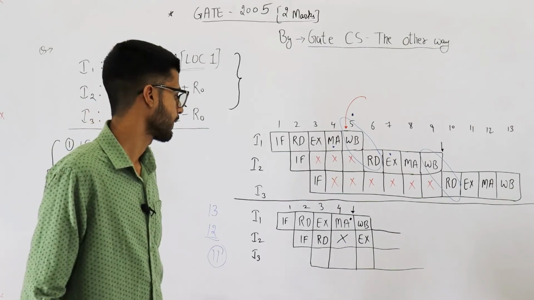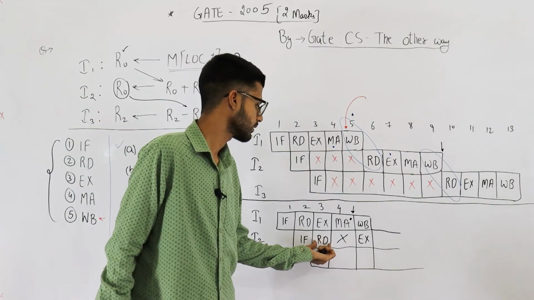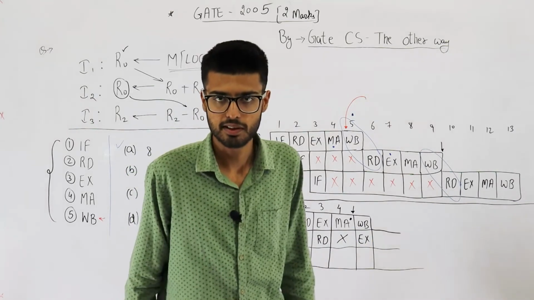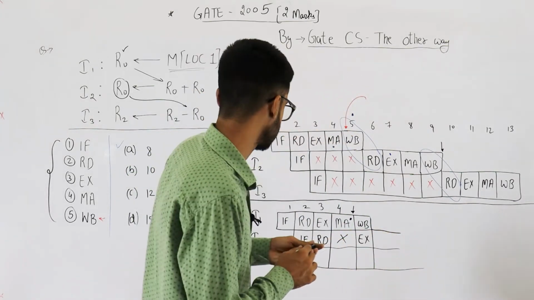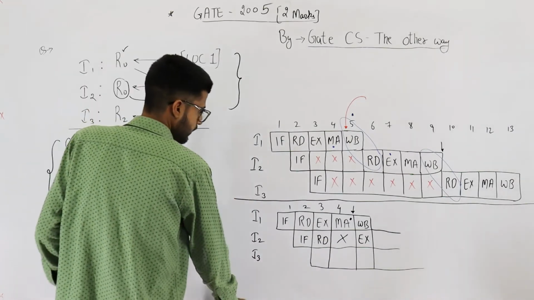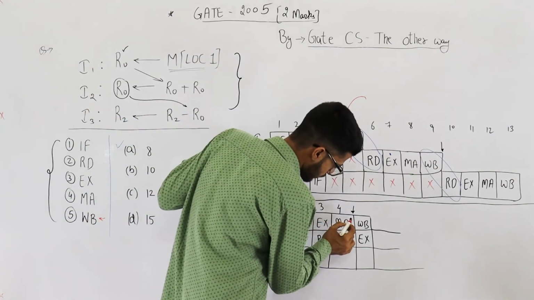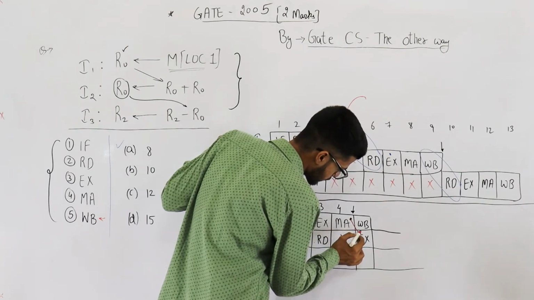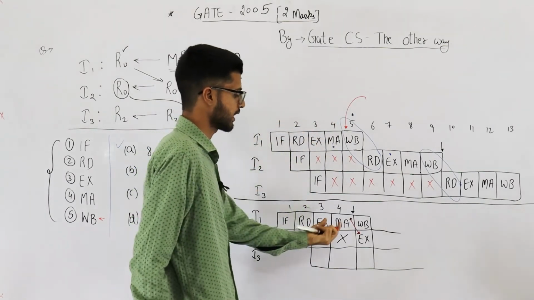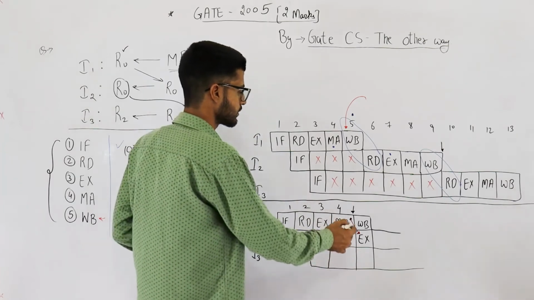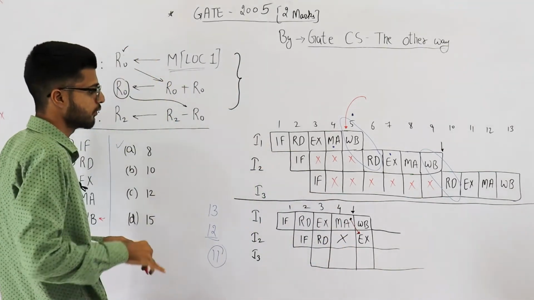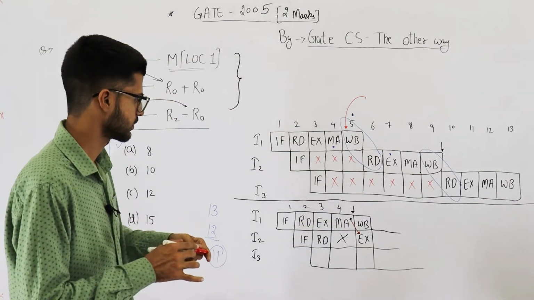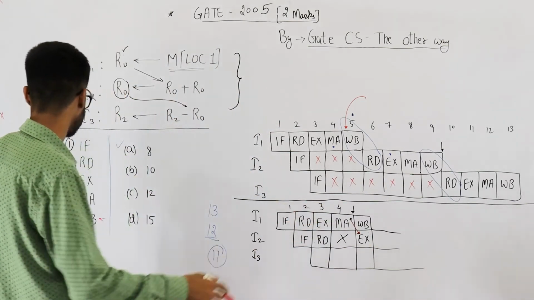You will say RD has read the wrong value, so how are we able to execute without updating that value? That is because of operand forwarding. The operand will be forwarded to this stage. Whatever is the latest value that is yet to be written into R0 will also be given to the execute stage. Now we can just continue our normal execution.